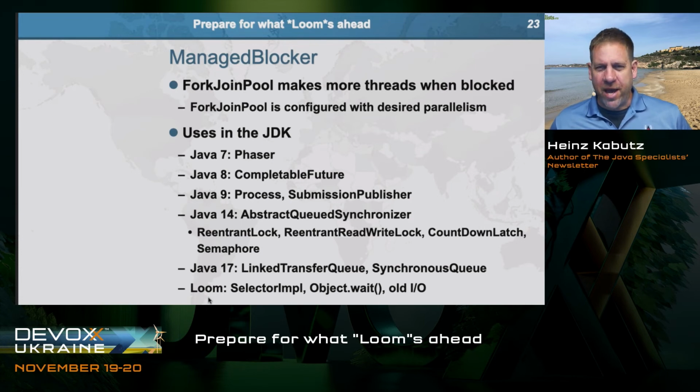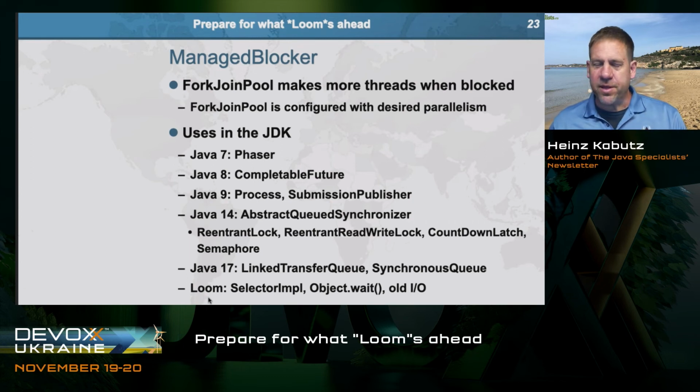So why object wait? Well, the problem is that if you're blocking inside a reentrant lock, for example, Project Loom understands that well enough, and it's able to swap out that virtual thread and to swap in another virtual thread onto that carrier thread.